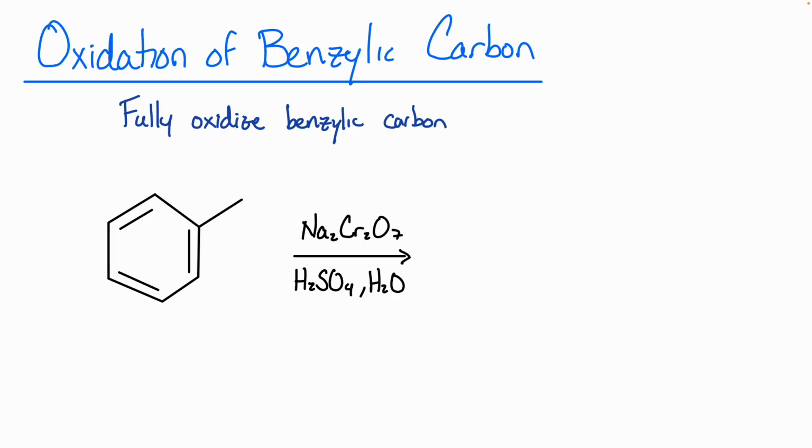Good news is that in organic chemistry, when we're talking about oxidation, it's really straightforward. We're creating more carbon-oxygen bonds, all right? So what we mean by oxidizing this benzylic carbon is we're going to create more carbon-oxygen bonds. We're going to create the maximum number that we can, which means creating a carboxylic acid group.